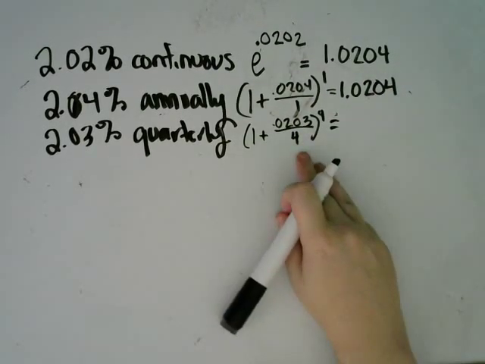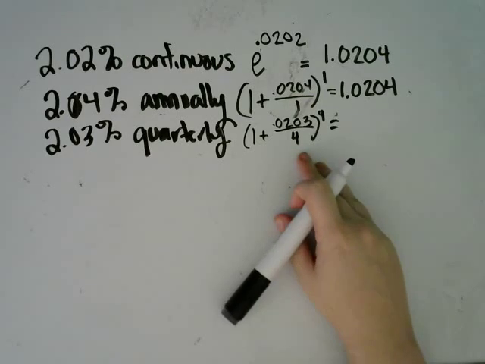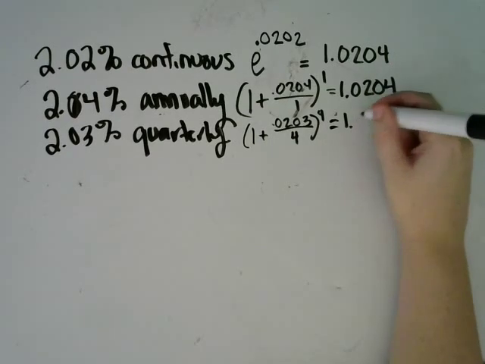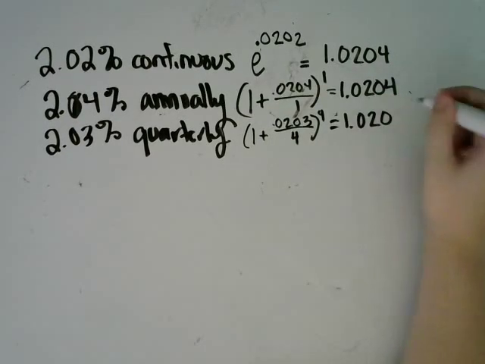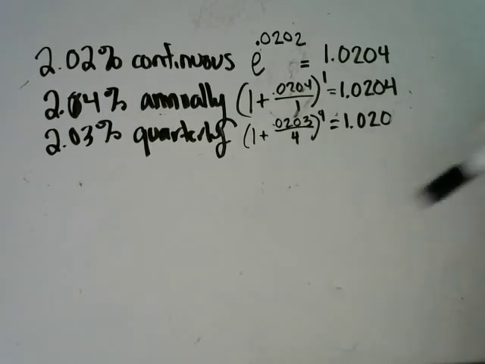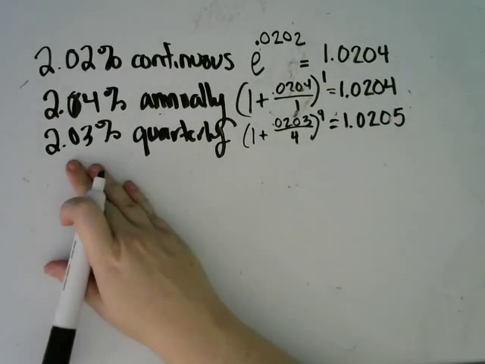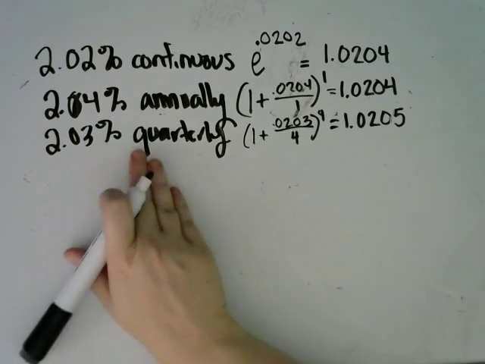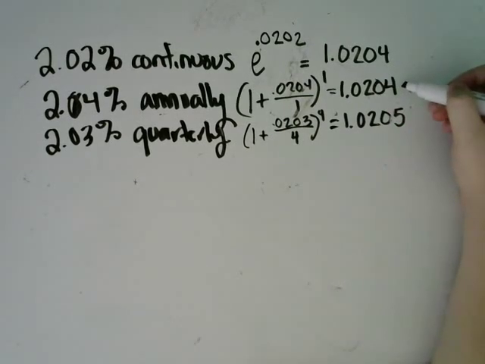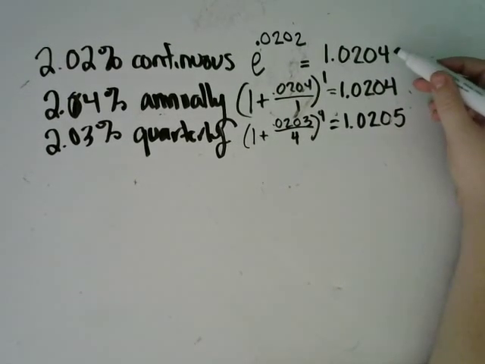So let's see how the quarterly interest rate shakes out when we type it into our calculator. And so this interest rate becomes 1.0246. And because this requires us to round up, we find that the middle range, the 2.03% quarterly, is a better effective interest rate than either the 2.04% annually or the 2.02% continuously.